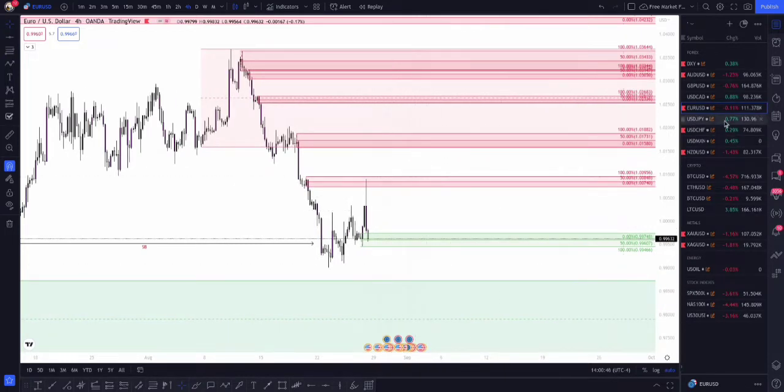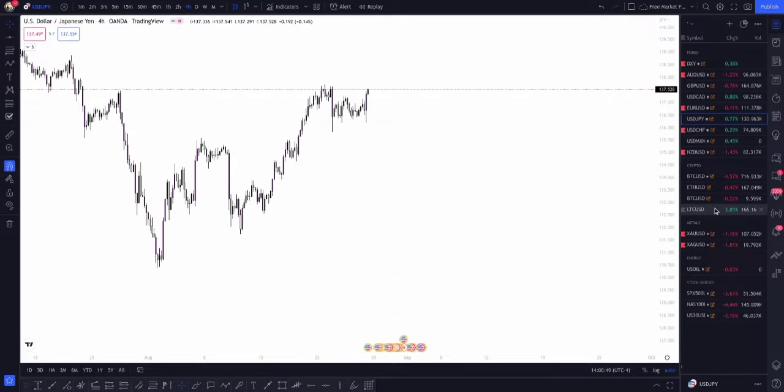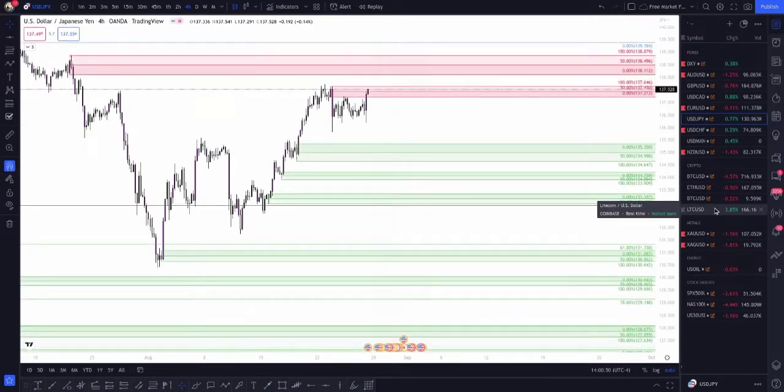All right, USD JPY. There were more long positions reported. We are currently in an uptrend. Demand has been created and respected.